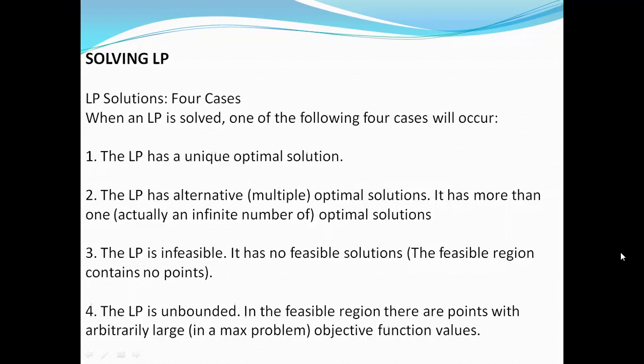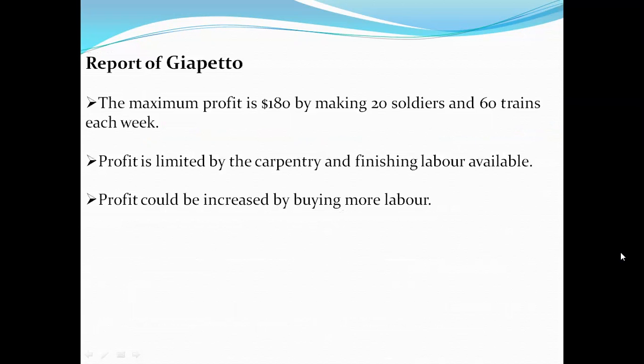As discussed in yesterday's class, the obtained value is valid only when it lies within the acceptable values. For example, we got the solution for yesterday's Geppetto problem, a maximum profit of $180.